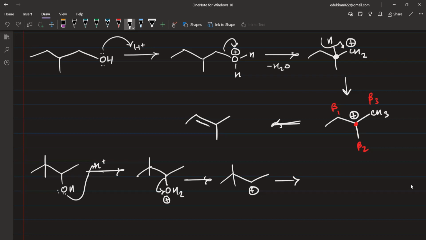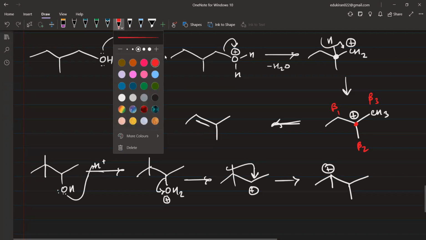Okay. Now, what kind of shift is going to happen here, guys? We are going to shift here. The shift will be methyl shift. So this methyl is going to shift here, leading to the formation of positive charge like this. Now, this is my new alpha.